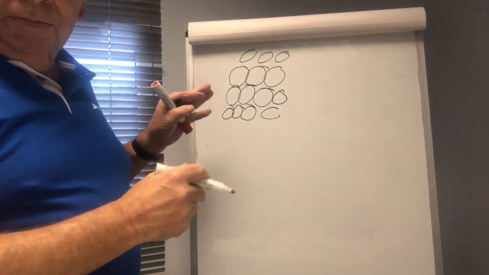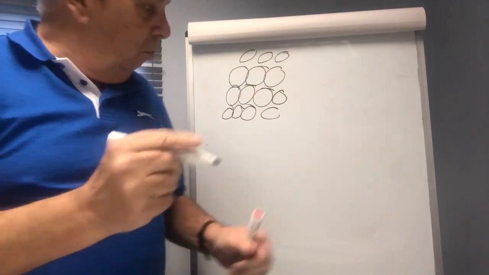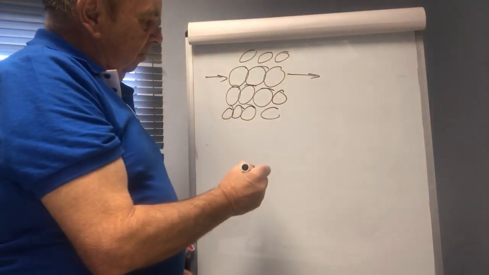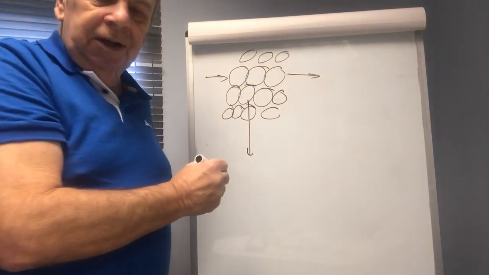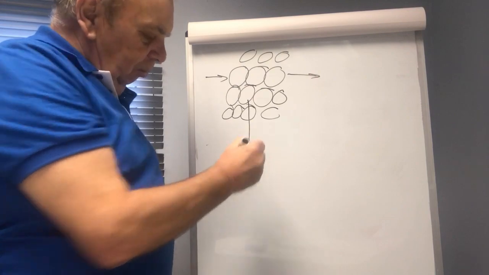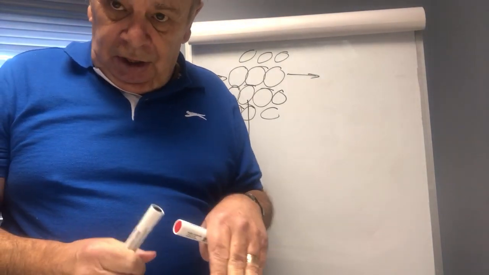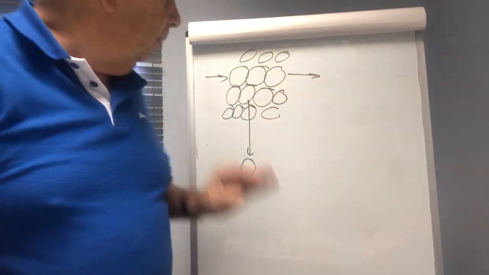If I subject it to deformation or force, that layer would slide that way, and if I took another layer and subjected it to force, it would slide that way. So simply what I've said is the layers inside a metal are free to move.